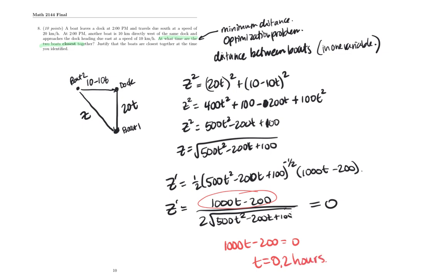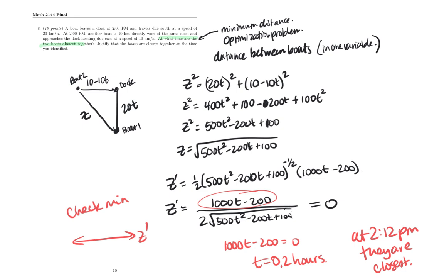And so the question is, at what time are they closest together? So 0.2 hours, I'll do 0.2 times 60, and that gives me 12 minutes. So at 2:12, they're closest. Well, actually, I didn't decide if that's a minimum or a maximum, so I could double check and just check that it's a min.